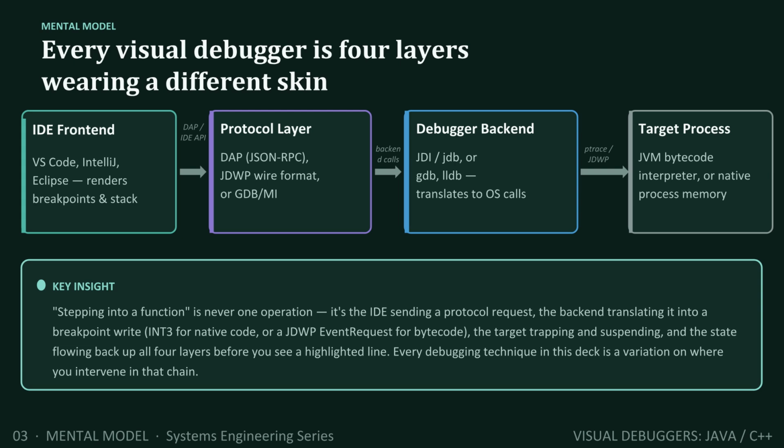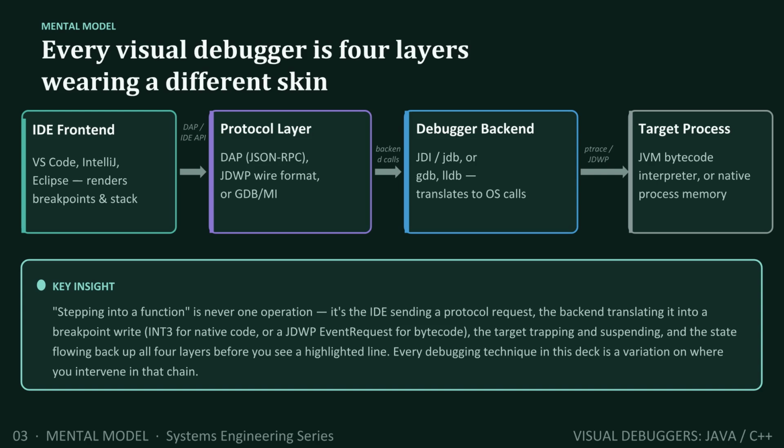This is the wire format the frontend speaks to get things done. Microsoft's Debug Adapter Protocol, DAP, standardizes this as JSON RPC, which is what decouples modern editors from specific debugger implementations. JDWP is the older, Java-specific equivalent, and GDB's machine interface is what older native debugging IDEs speak.